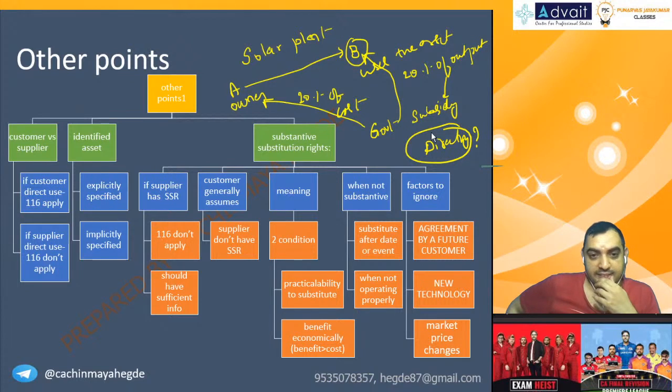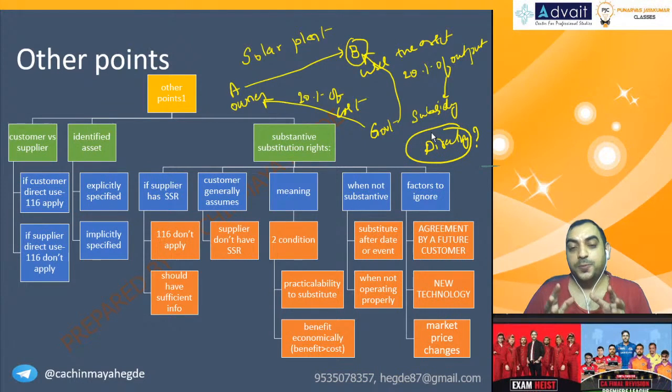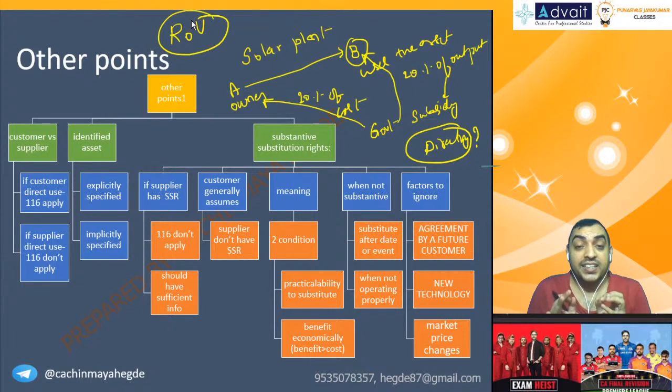Both are getting the benefits. But what you have to understand is, the standard is about ROU, right of use. Who is getting the benefit of using the asset? Using the asset, not owning the asset.